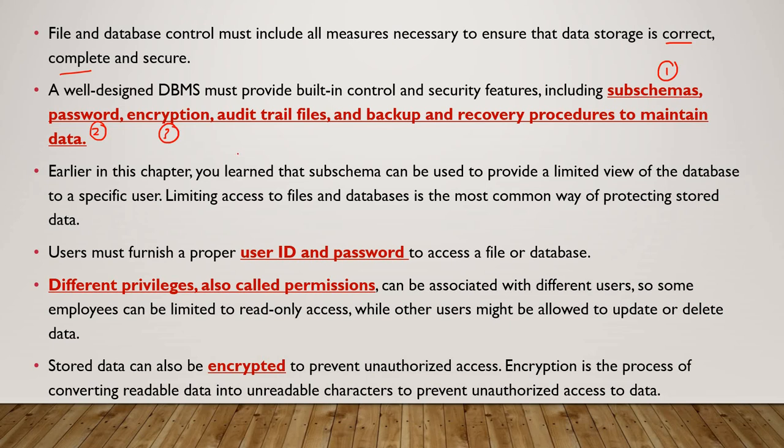Encryption kita boleh pakai Unicode tadi untuk kita nak encrypt. Audit trail files. Okay, maksudnya kita ada macam buku log. Okay, so tarikh bila, pukul berapa, siapa yang get access into the system. Tarikh bila, pukul berapa, siapa yang view dia data. Okay, so itu ialah about the audit trail files.